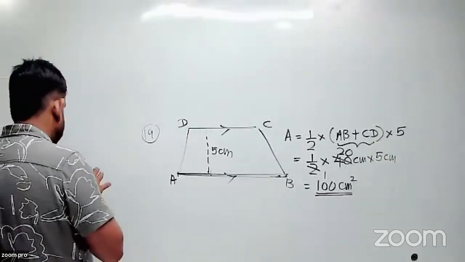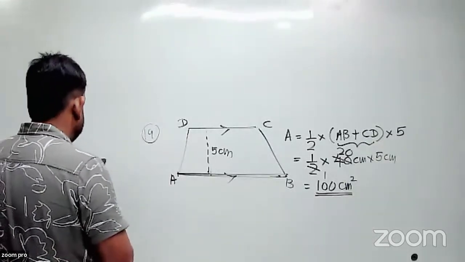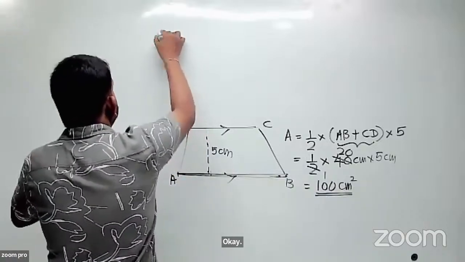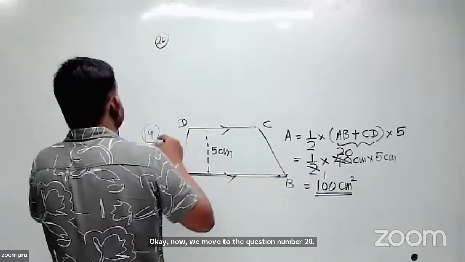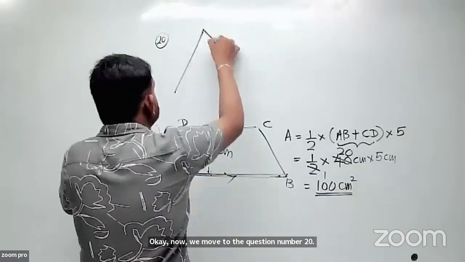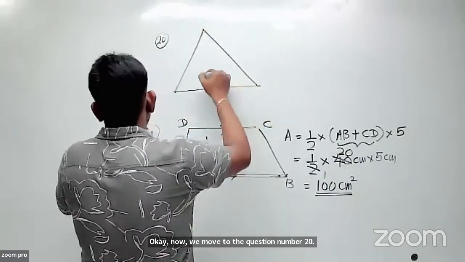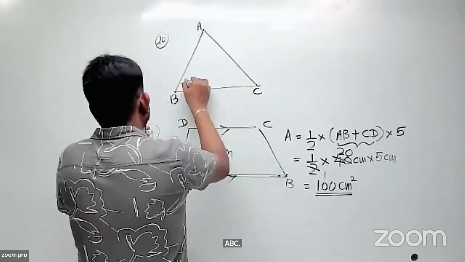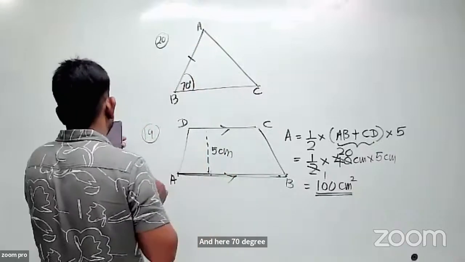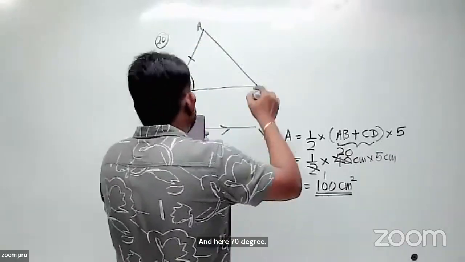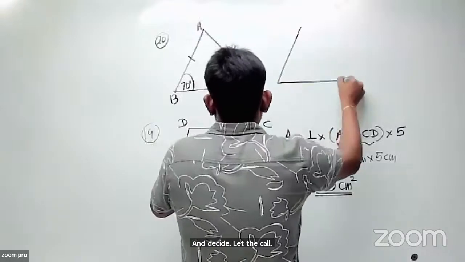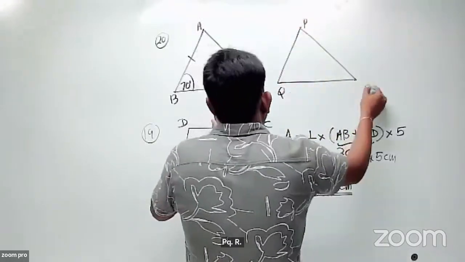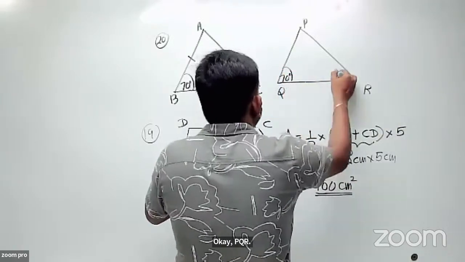Okay, now we move to question number 20. Here is triangle ABC with 70 degrees and equal side lengths, and here we have PQR, with 70 and here 50.